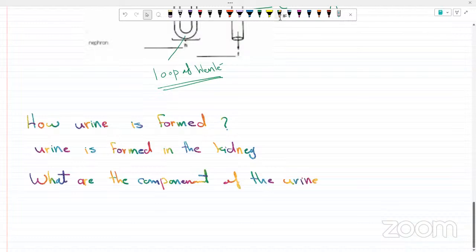What do you think? What does the urine have? Water, right? But it's better to say excess water.